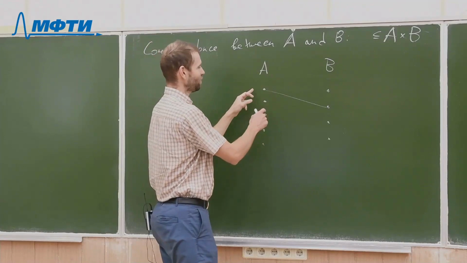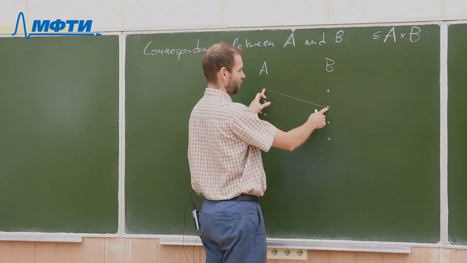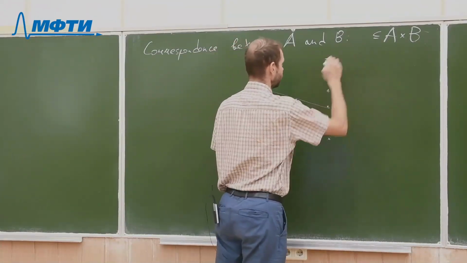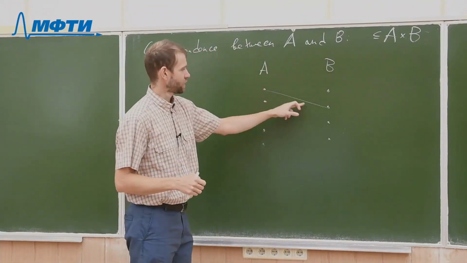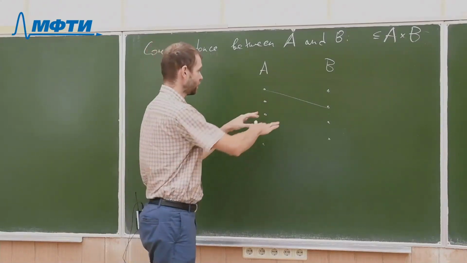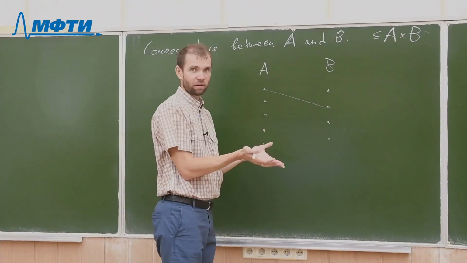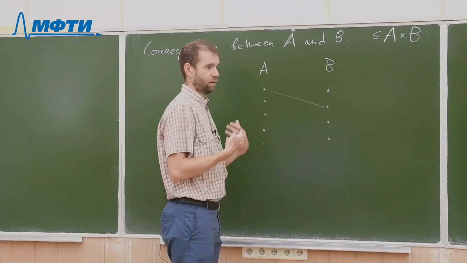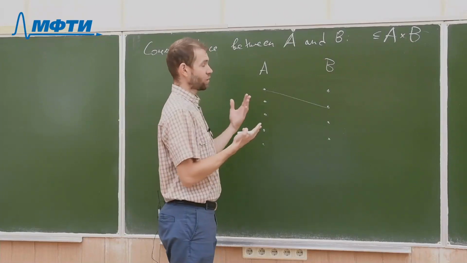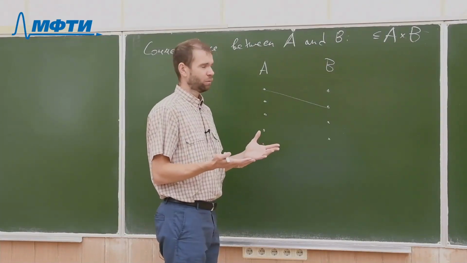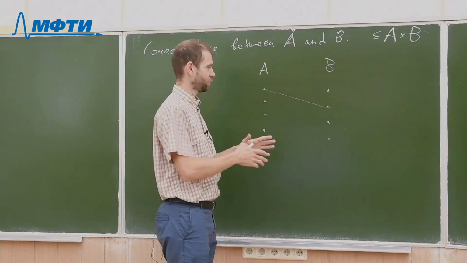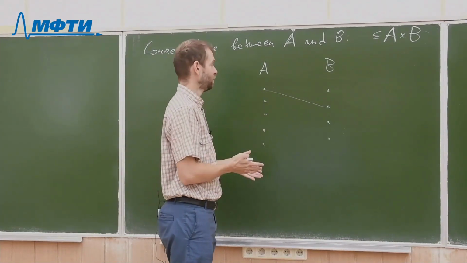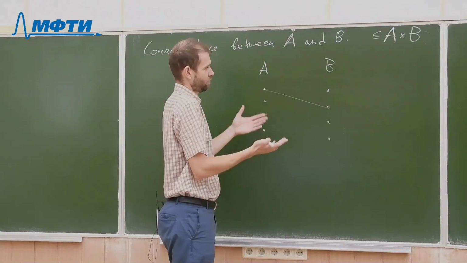So if a pair of elements, one from A and the other from B, is in correspondence with each other, we just connect these two things with a line. And this kind of picture is a bipartite graph, really. So this provides us a visual model of any correspondence between finite sets. It is not really easy to wrap your head around this if it is infinite, but for finite A and B, this is quite a nice visual tool.